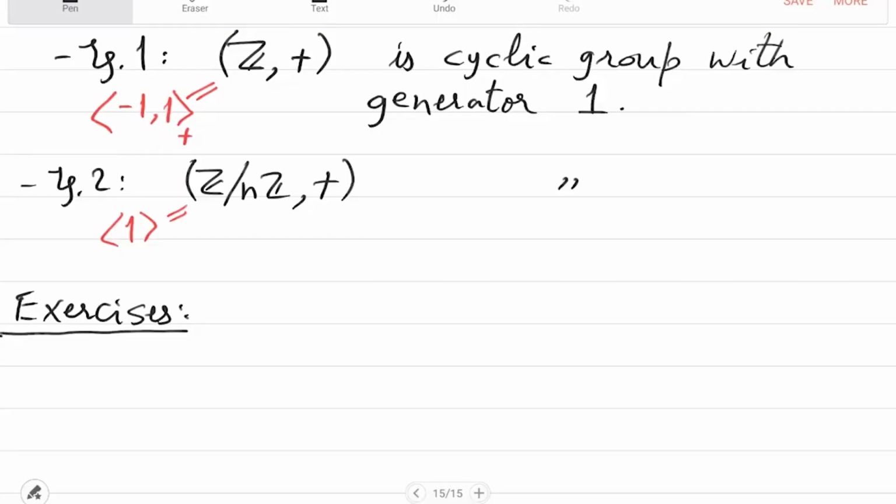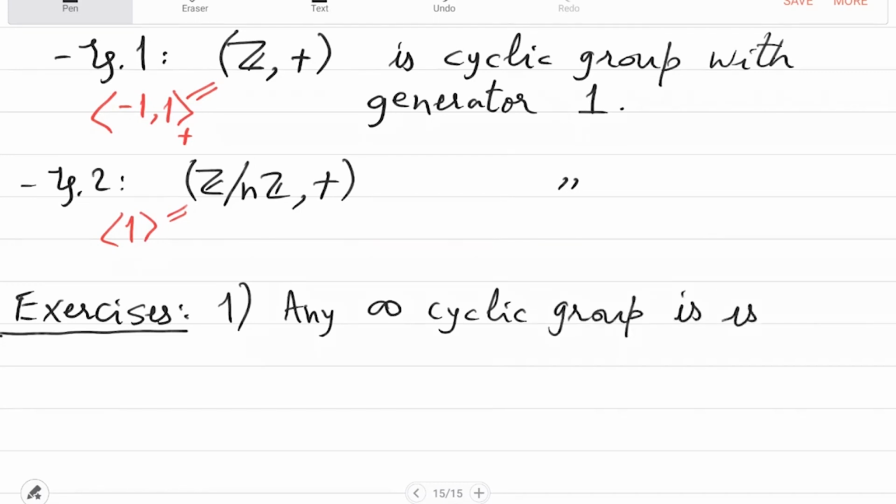So that is the first thing you prove, that any infinite cyclic group is isomorphic to Z plus. Okay, this is quite easy to show.